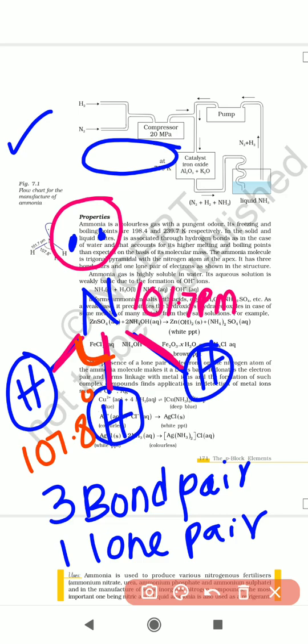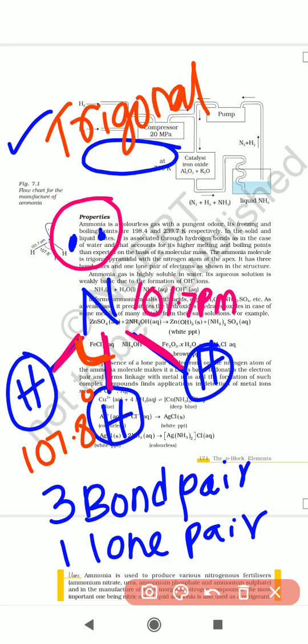The shape of the ammonia molecule is called trigonal pyramidal. The geometry is a trigonal pyramidal shape.